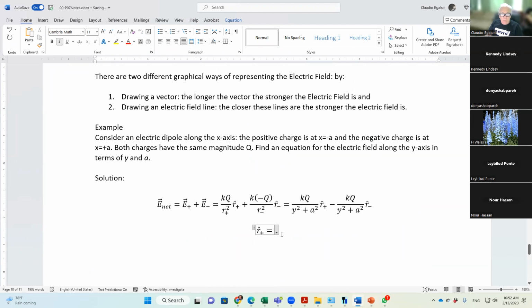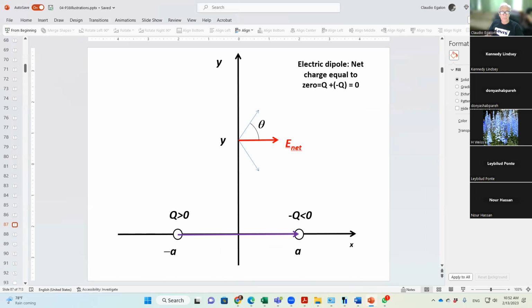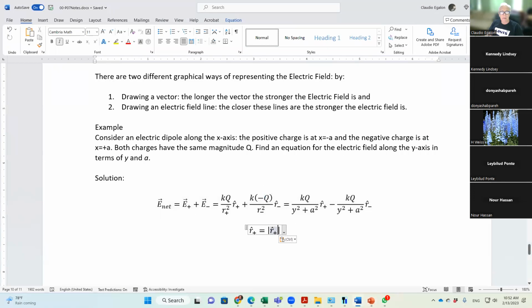It's going to be the magnitude of r hat plus times cosine of theta in the x direction plus the magnitude of r hat plus sine of theta in the y direction.